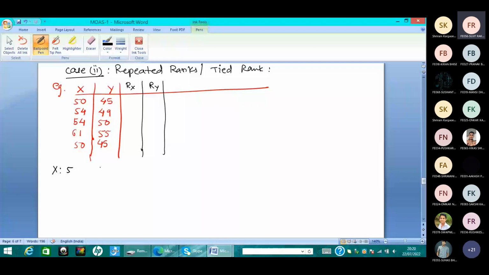So the highest value I will write first. The highest value is 61. After that, it is 55, again 55, sorry, 54. Then 50 and 50. Now you observe that two values are repeated, right? And now see their ranking.